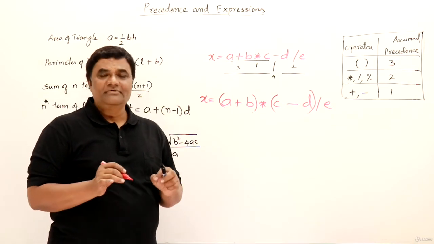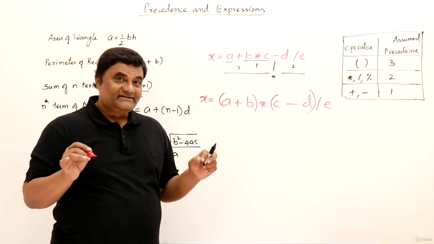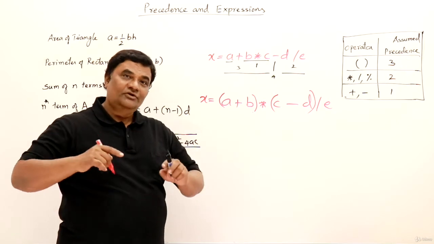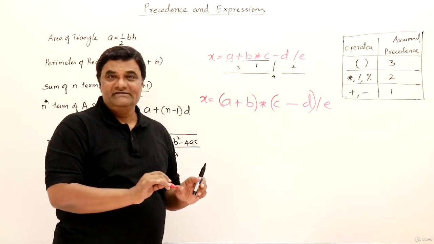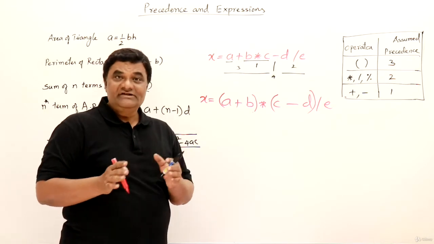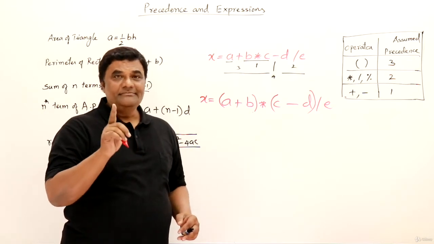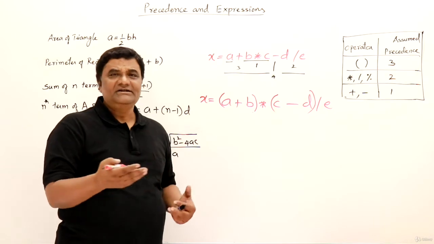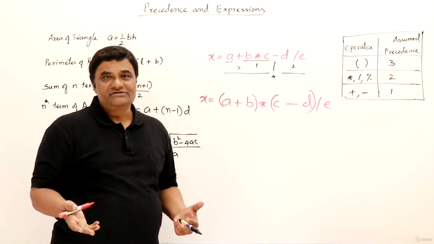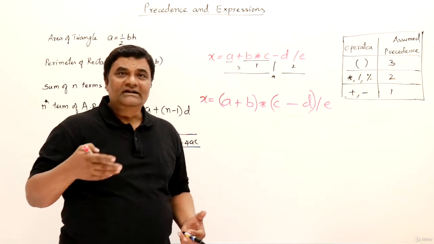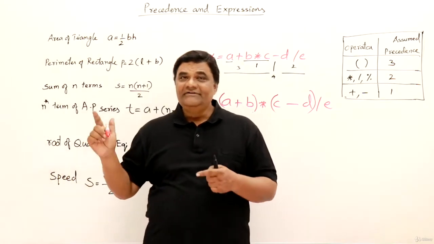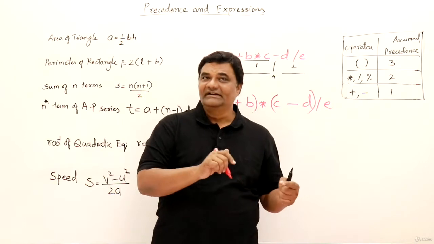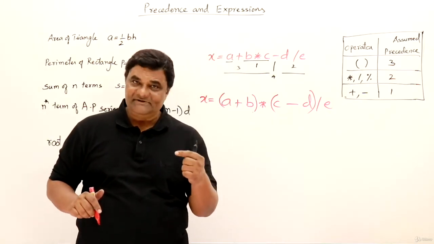So bracket is a very powerful tool for writing expressions. If you know the precedence and want them executed according to precedence, it's okay. If you want to change it, then you can change it by imposing brackets. This is there in mathematics also. The same thing is used here. Now, for practicing this, I have taken some formulas. I will show you how to convert these formulas into expressions of a C++ program.